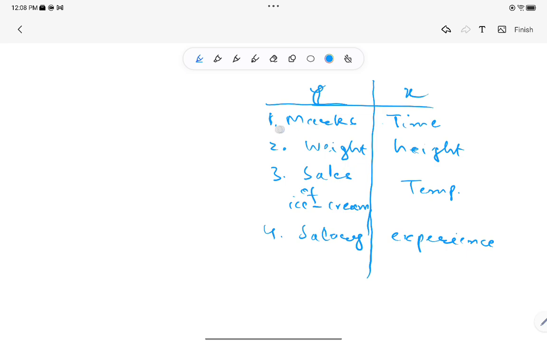This is called the dependent variable, and this is called the independent variable, because marks depend upon time invested, not the other way around. Similarly, weight depends upon height. Sales of ice cream depend upon temperature, not that temperature depends upon sales of ice cream. Similarly, salary depends upon experience. So y is the dependent variable and x is the independent variable.